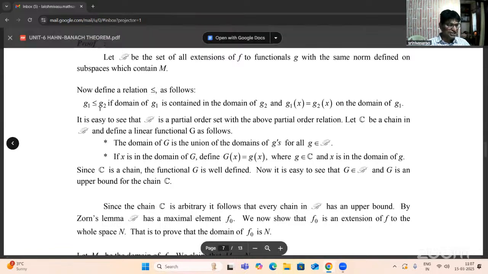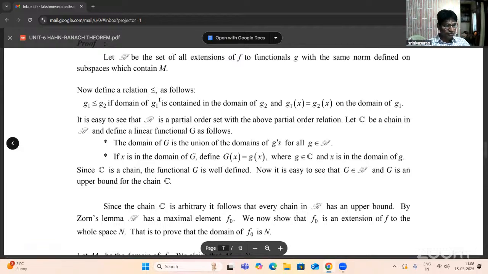This is the poset relation, the partial order relation. g1 is related to g2 by partial order if the domain of g1 is contained in the domain of g2, so that g1 of x equals g2 of x.